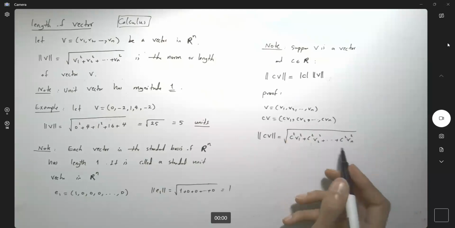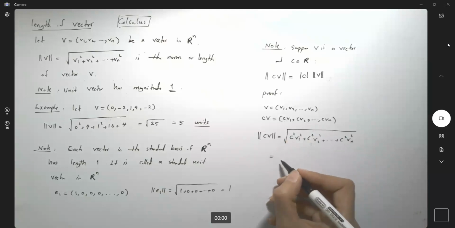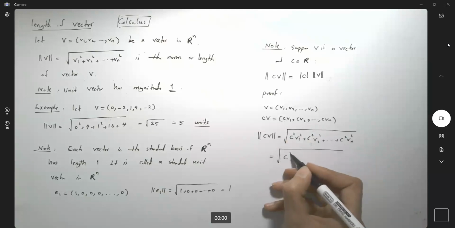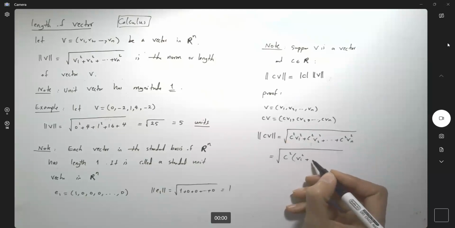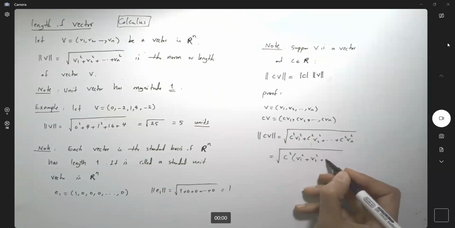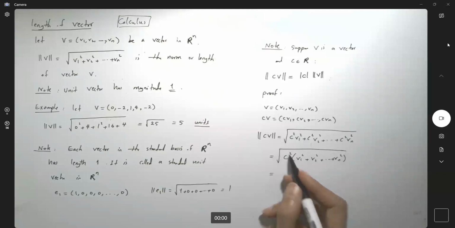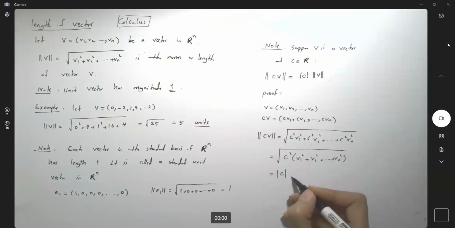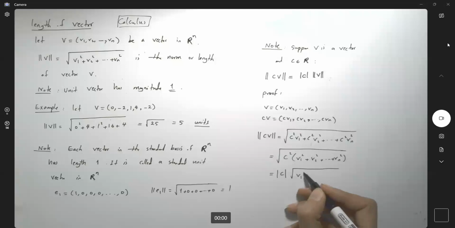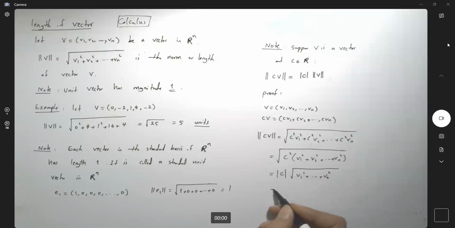So you can factor out C squared: the square root of C squared times (V1 squared plus V2 squared plus ... plus Vn squared), which is the square root of C squared, where we always use the absolute value here, times the square root of V1 squared plus V2 squared plus ... plus Vn squared. That is nothing but the absolute value of C times the magnitude of vector V.